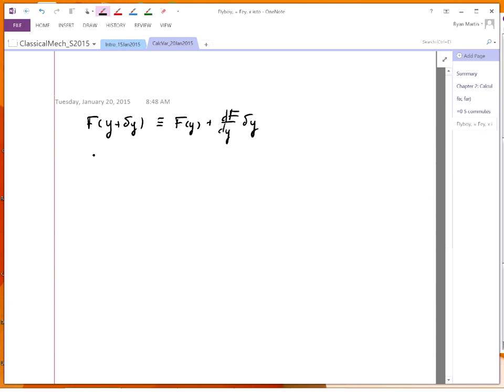Now the variation that we're interested in, which was delta F, was given by what we have above, F of y plus delta y minus F of y. So if I plug in what we have above for F of y plus delta y, the F of y's cancel, and I'm left with roughly the first order in delta y, dF by dy delta y.